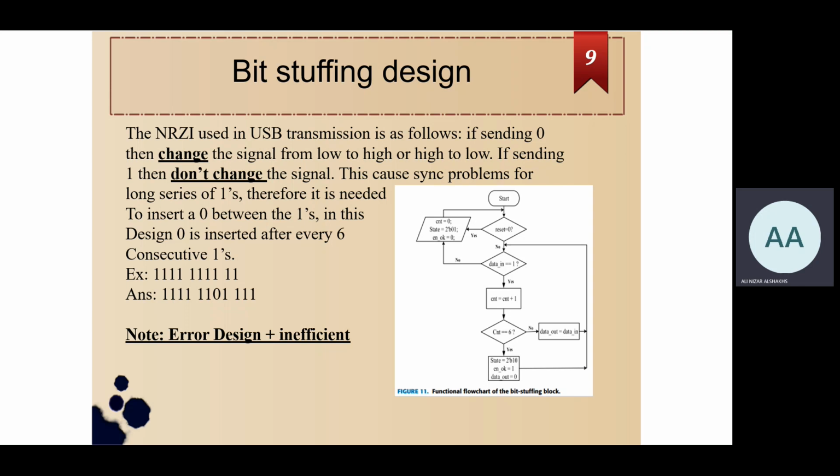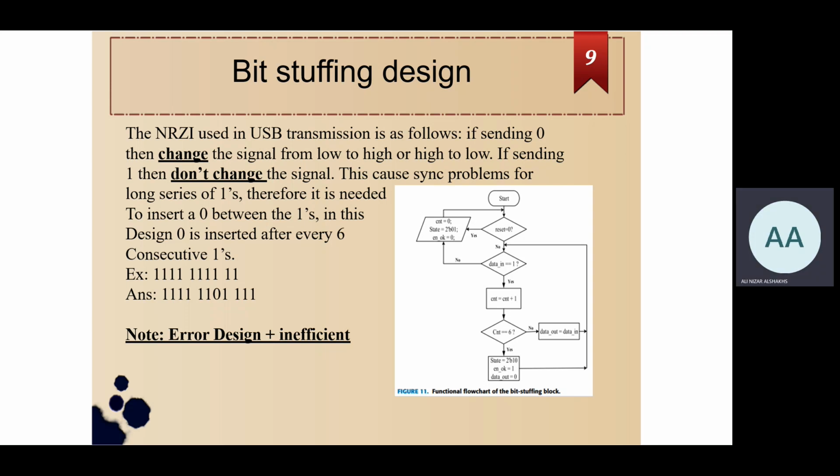Here, the bit stuffing algorithm. We need bit stuffing in the USB interface because it uses non-return to zero inverted. If we send a lot of ones, there will be no change in the signal, because 1 means no change and 0 means change.